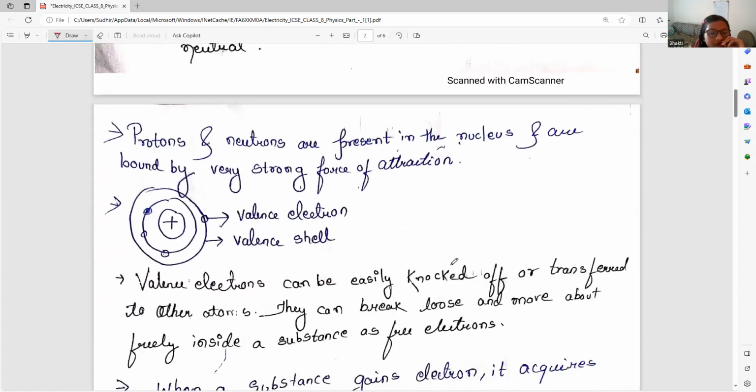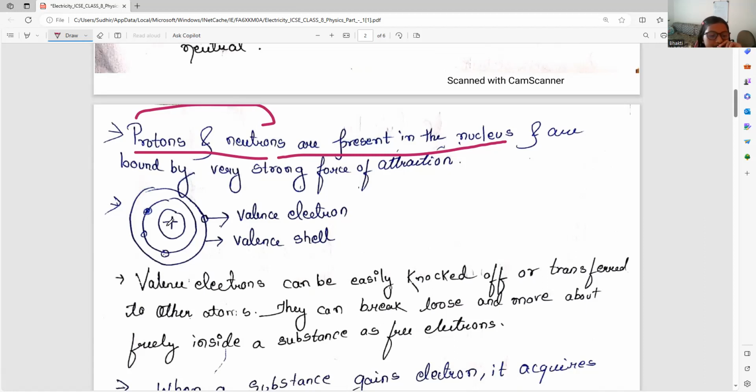Protons and neutrons are present in the nucleus and are bound by a very strong force of attraction. Only protons and neutrons are inside the nucleus. The electrons are in the shells and are bound by a very strong force of attraction.